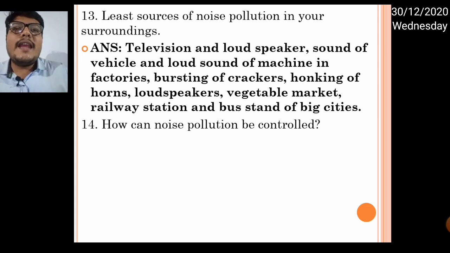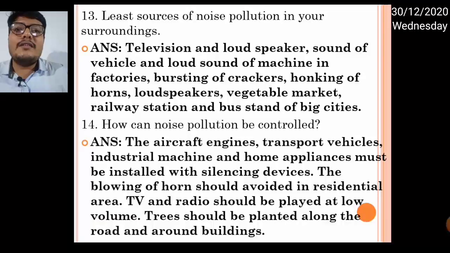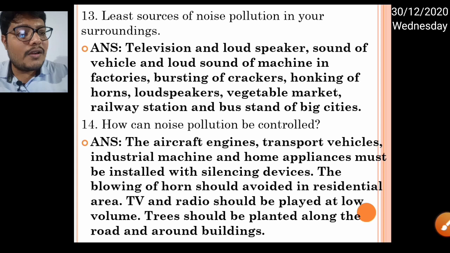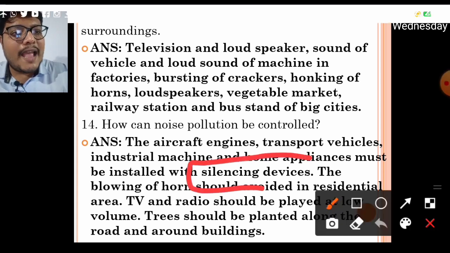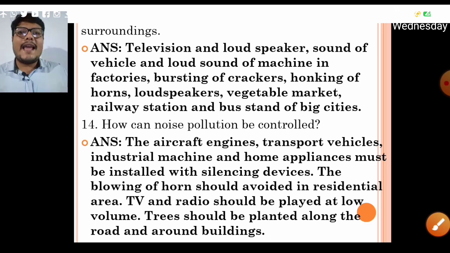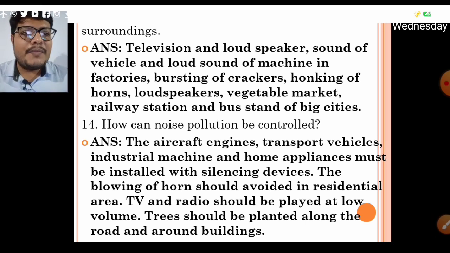Okay, how can noise pollution be controlled? Aircraft engines, transport vehicles, industrial machines, and home appliances must be installed with some silencing device. As you know, there is a silencer in our vehicle, so there are many silencing devices which we can install in this kind of appliances.